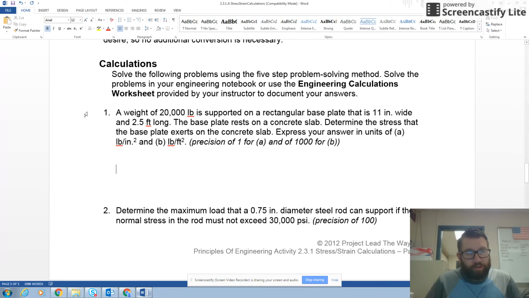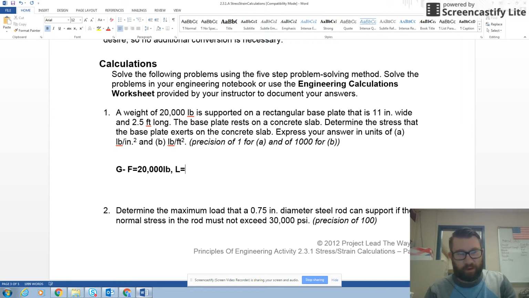So the first thing I'm going to do is G of the GUESS method, which is your givens. Anytime I have weight, that is going to be a force. So force equals 20,000 pounds. And then I have a length and a width.